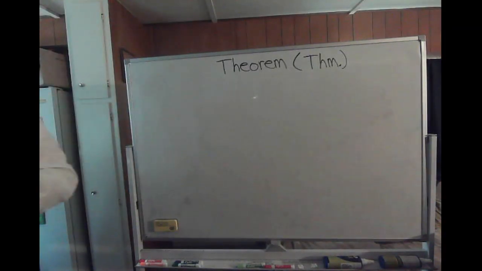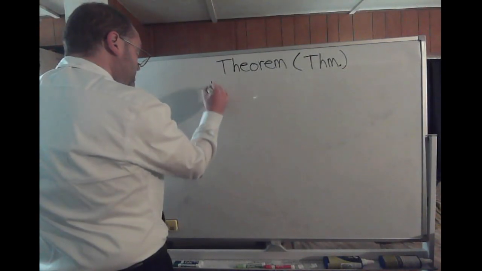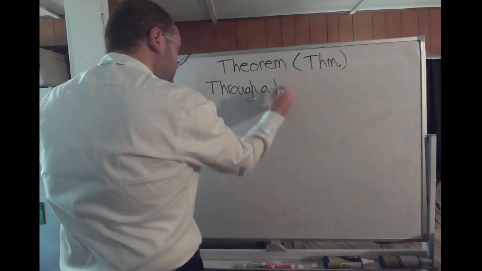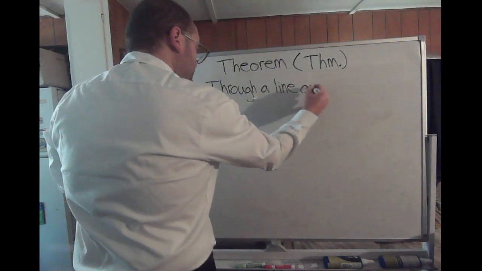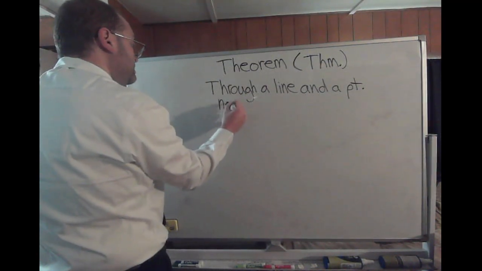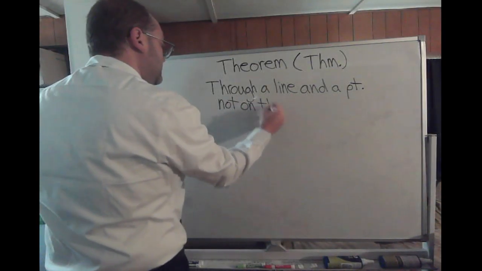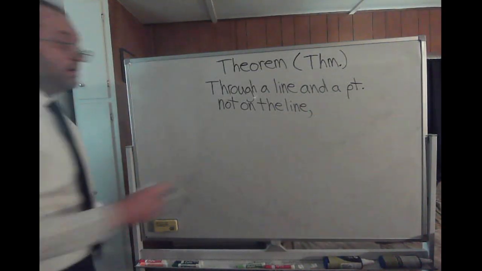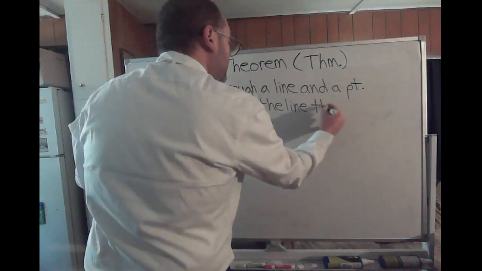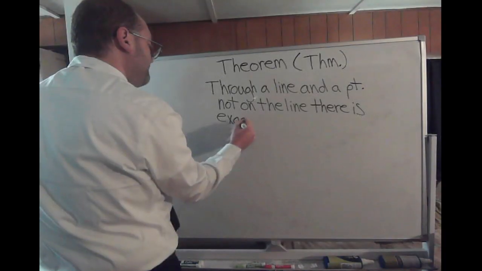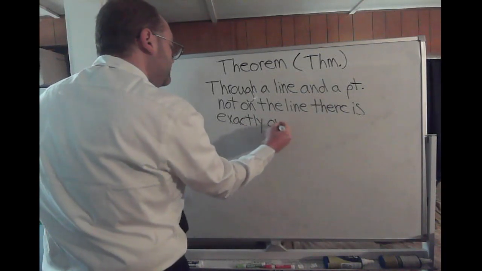All right, two more theorems. Through a line and a point not on the line, there is exactly one plane.